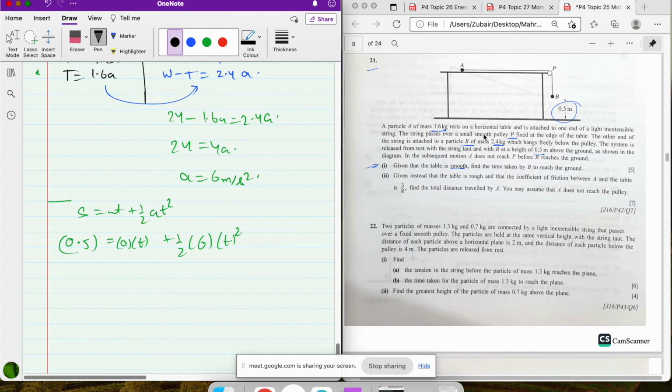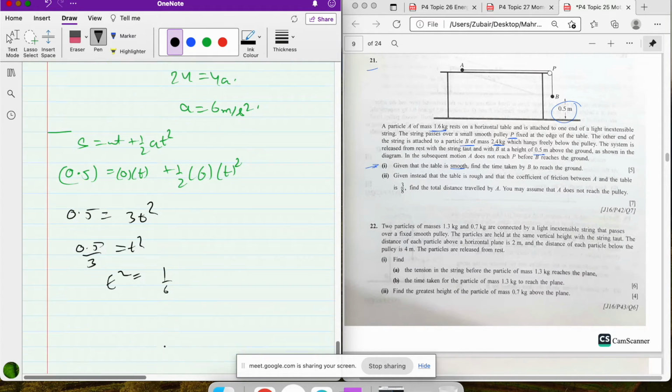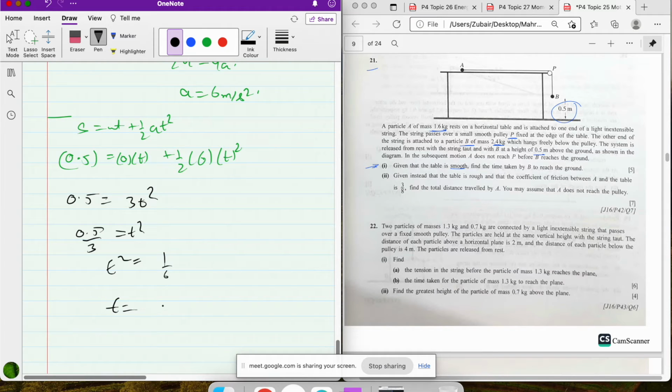So we can find the time B takes to reach the ground. 0.5 equals 3t squared, so t squared equals 0.5 divided by 3, which is 1 by 6. Taking the square root of both sides, the time is 0.408 seconds.